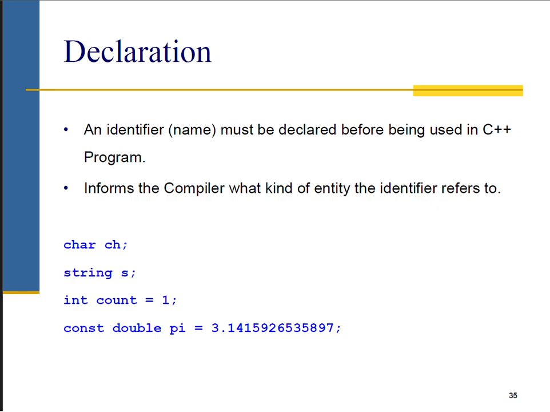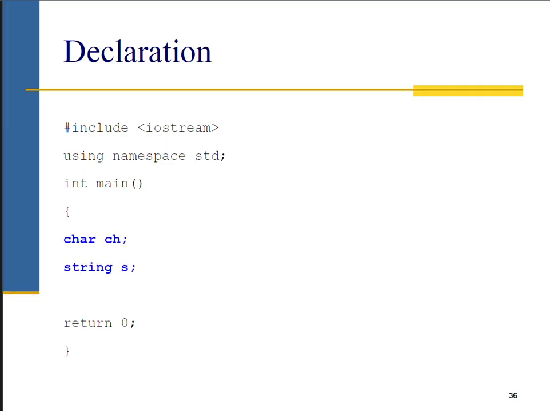And also the integer count tells that count is an integer. And also constant double pi, so the double is a number with multiple decimal places. Now I have a simple program here, with a character and then a string.